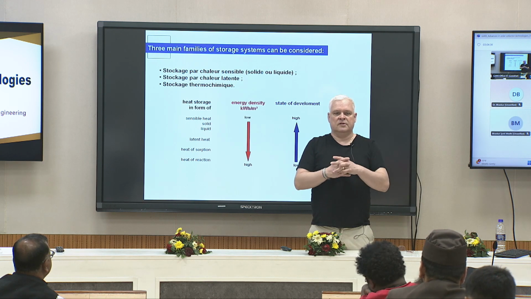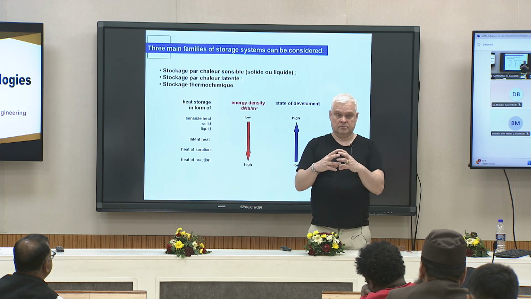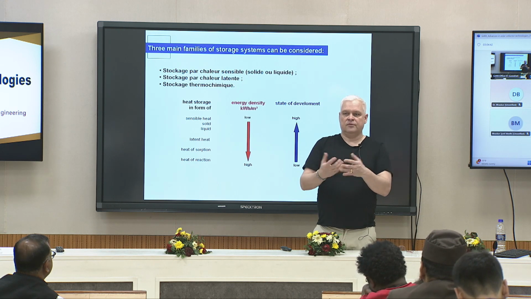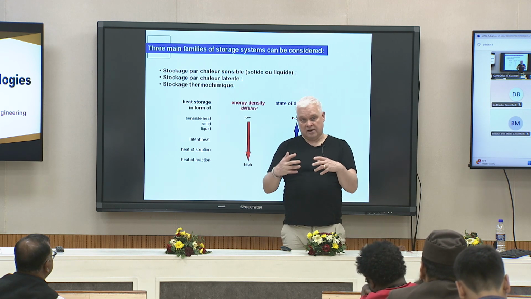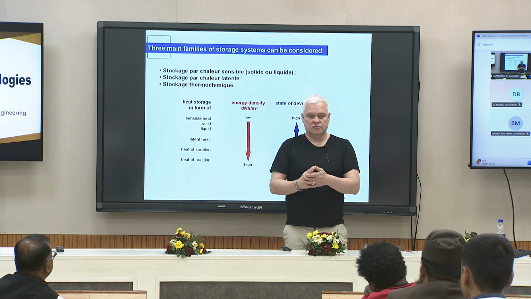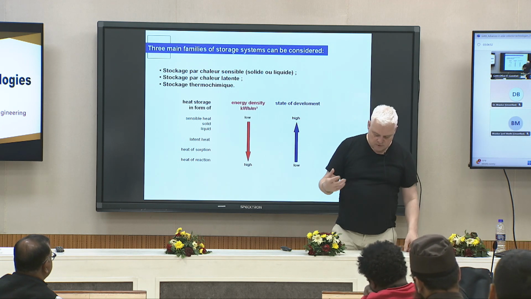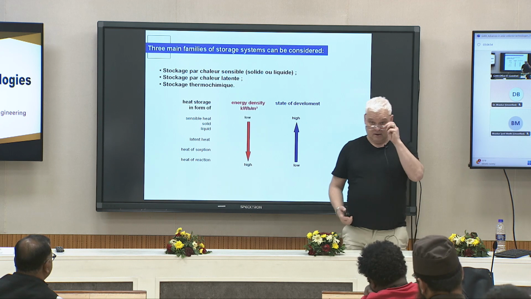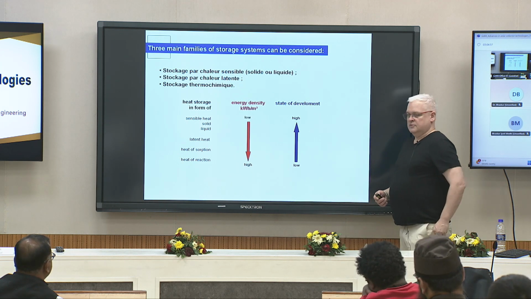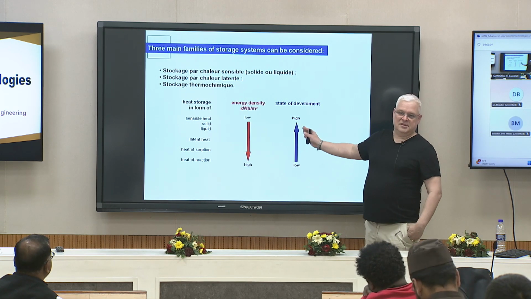If you use phase change material, you can divide the volume by 2, okay? If you use thermochemical, you can again divide it by 2 or more than 2, so at the end you reduce the volume. So the same amount of energy that you have stored, you can reduce the volume, okay? The problem is that the maturity.